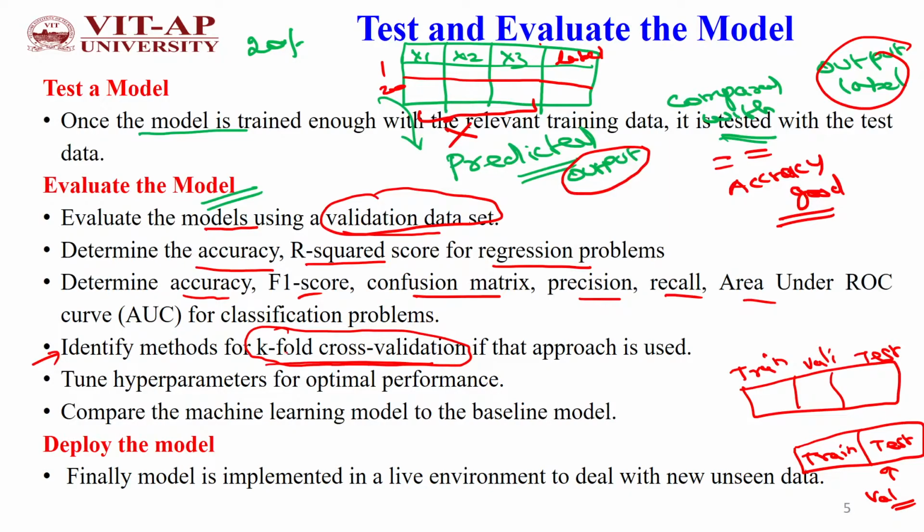If we want to check our model with k-fold cross validation, there are different types of cross validation approaches available. We can go with that to improve or test our model. Then we can tune the hyperparameters for improving our model. Finally, we will compare the machine learning model with baseline values. If everything is good, then we can implement our model in the real-time environment to test our unseen data.